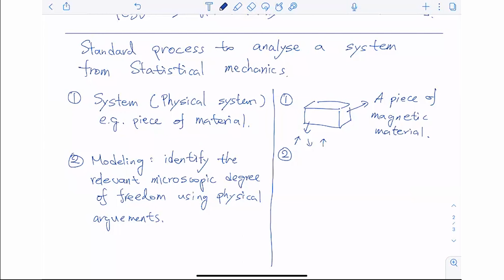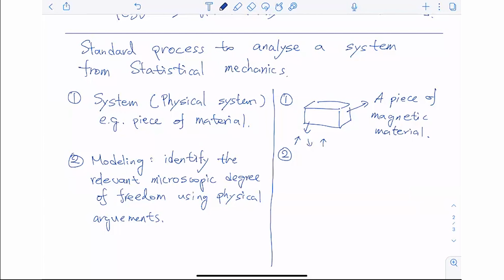However, maybe this model represented by these little vectors is reasonable, but it is still too complicated for us to discuss. So we can make a further simplification, assuming that these little magnetic moments at the atomic level can only point upwards or downwards.